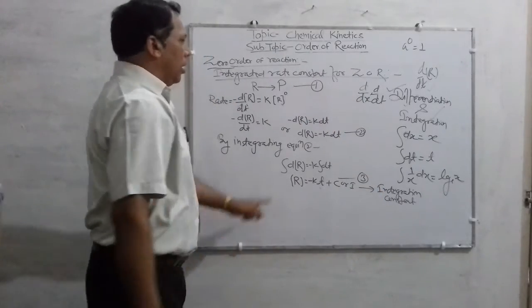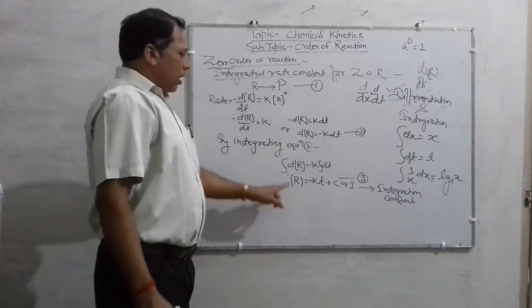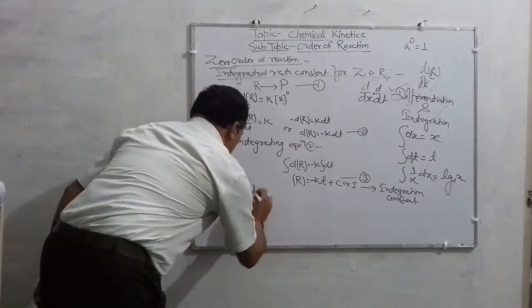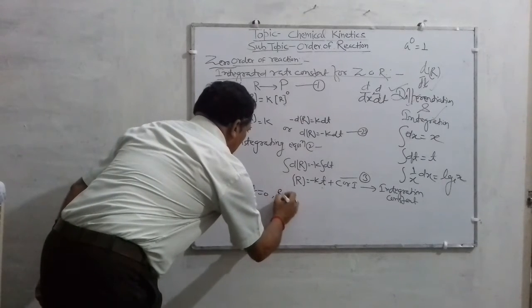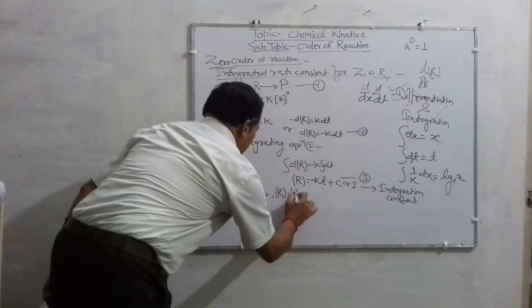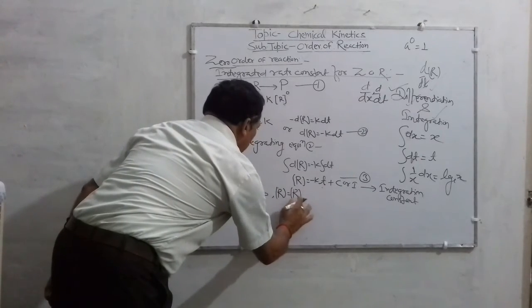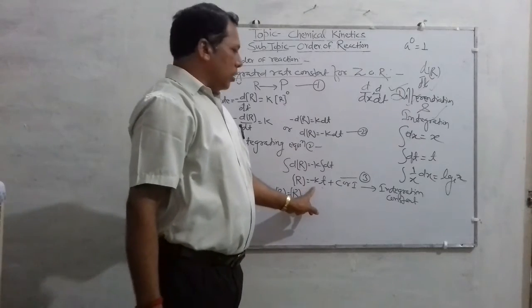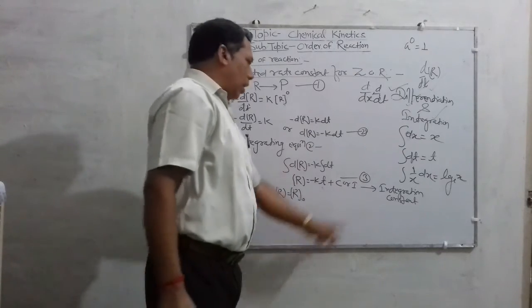In this equation 3, consider that when t is 0, the concentration doesn't change. So when t is 0, then R will become R0. Then put these values in equation 3 for obtaining the value of C or I.